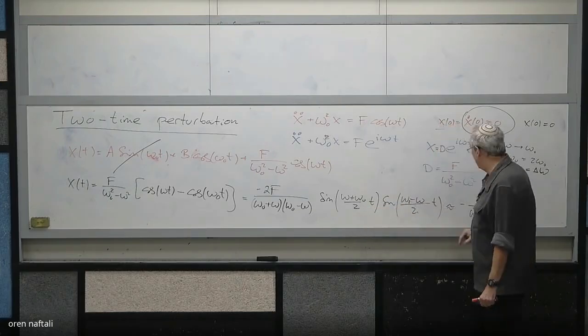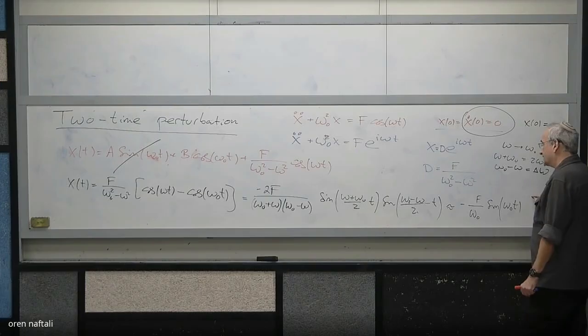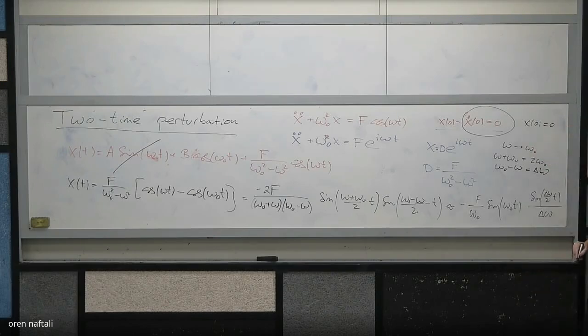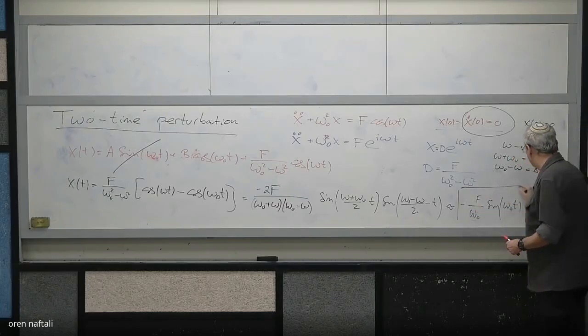And now the rest is sine of delta omega over 2 t divided by delta omega. That's the approximation. Is that an approximation? No. Yes. No, it isn't really an approximation, because I approximate omega plus omega naught by 2 omega naught. Fine. Okay, this is the solution.